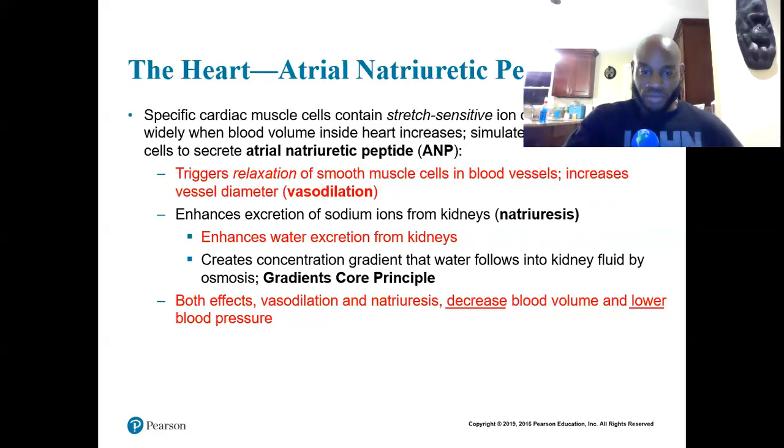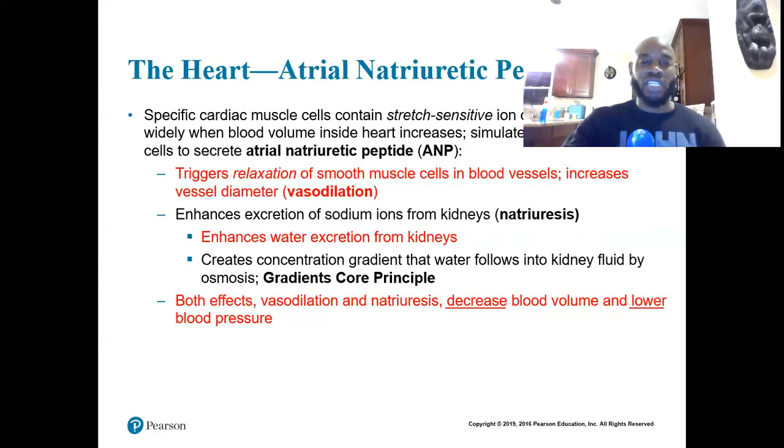The heart also has some endocrine function. You have atrial natriuretic peptide, which triggers relaxation of smooth muscle cells in blood vessels, increasing vessel diameter: vasodilation.